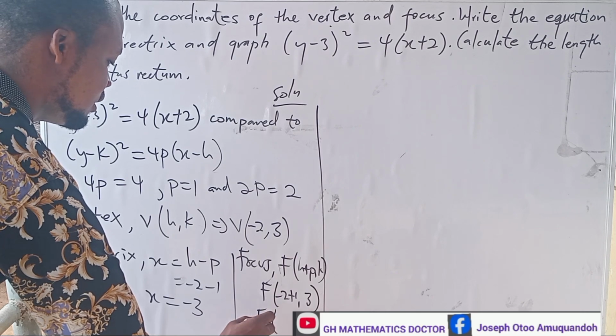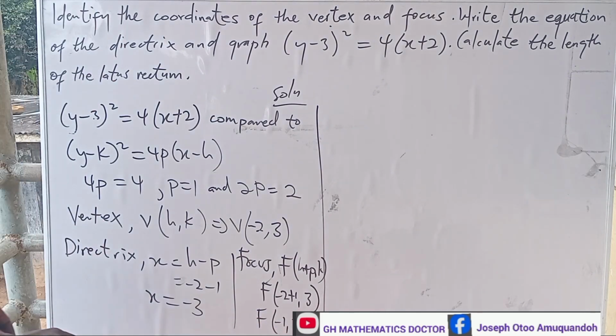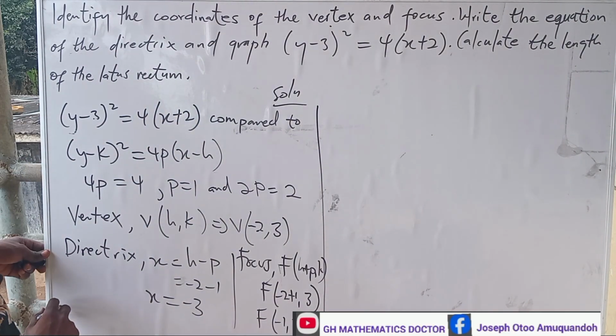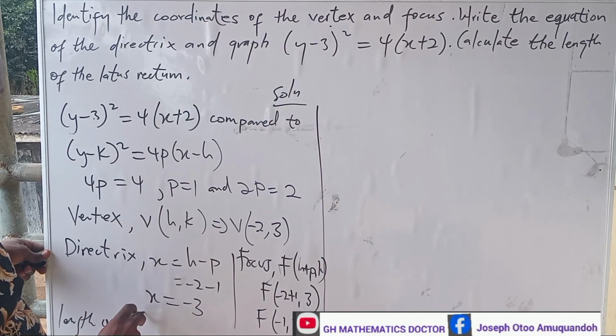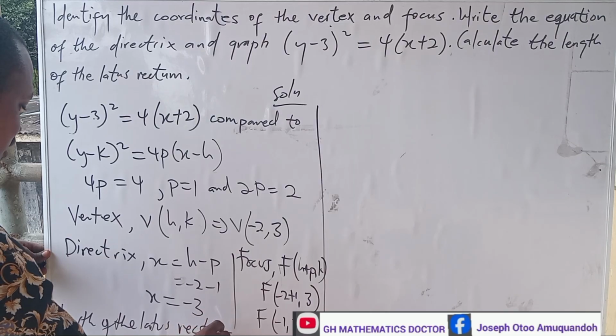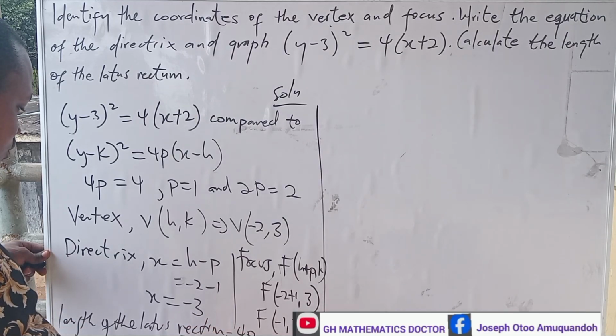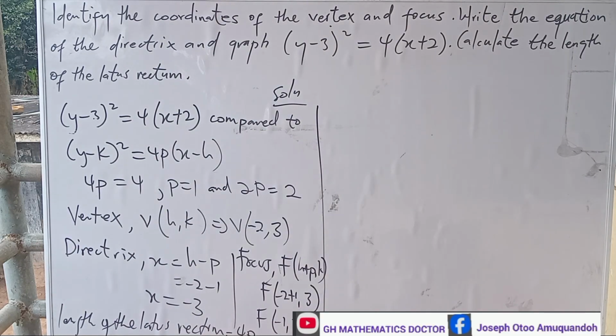So we have it to be negative 1 and 3. We also need to find the length of the latus rectum. The length of the latus rectum is equal to 4p. We know our p is 1, so 4 times 1 is 4. So the length of the latus rectum is 4.